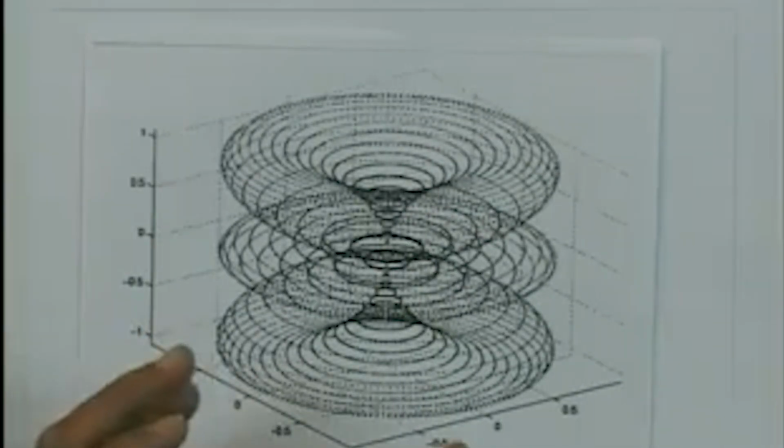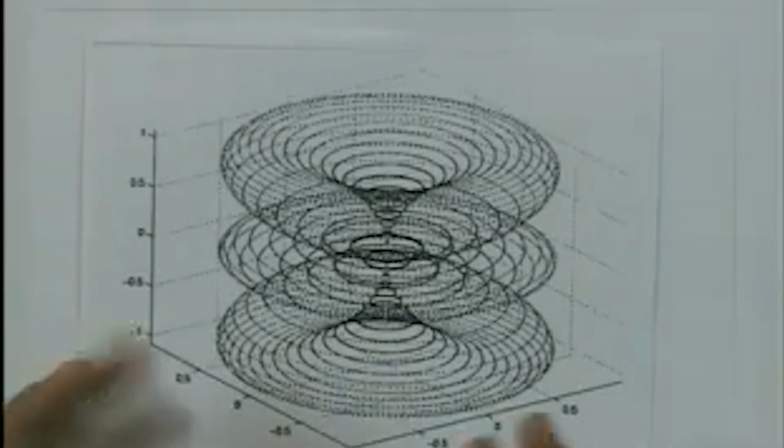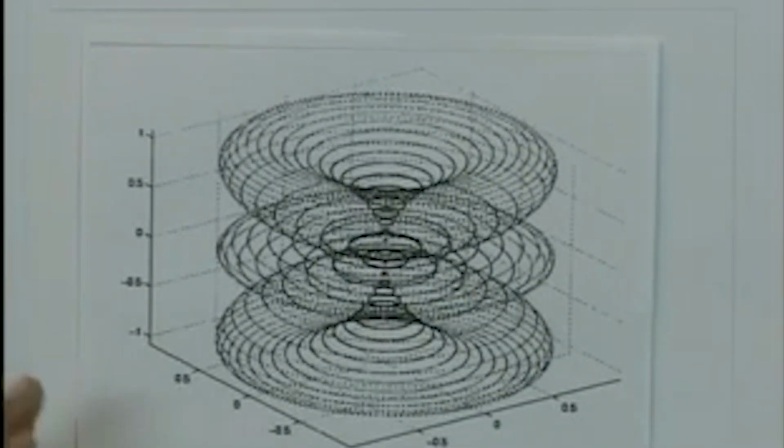This looks like a flower vase, so the radiation in 3 dimensions would look like a flower vase for a length of 3 lambda by 4. Our understanding is that as the length increases there will be more nulls and the radiation pattern will become more complicated.